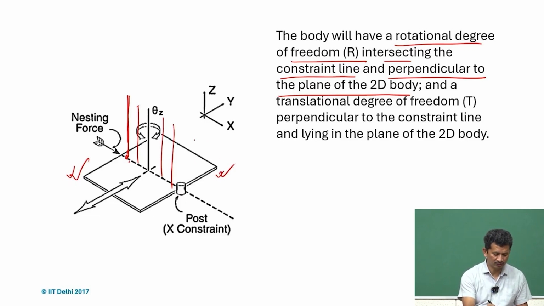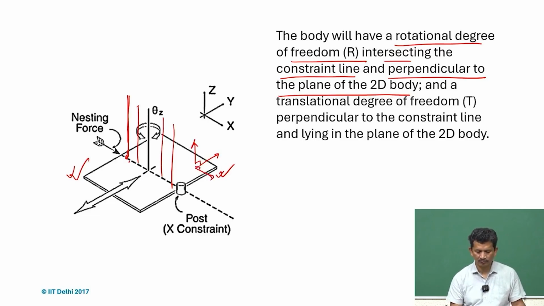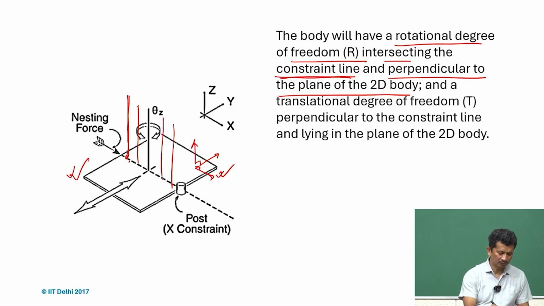It has to be perpendicular and passing through the constraint line. So, you should pass through this constraint line. So, there will always be a rotational degree of freedom along that.